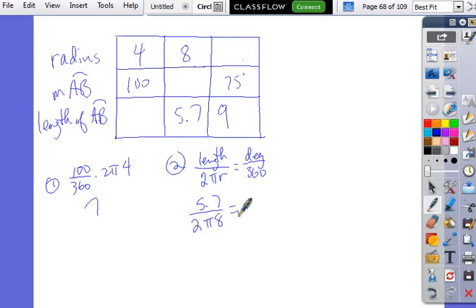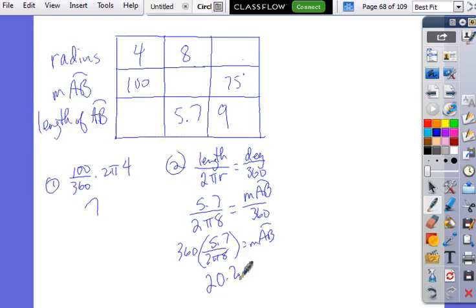The degree, the measure is what I'm looking for, over 360. How do I solve that? Do my cross multiplying and get how much? 20.5.